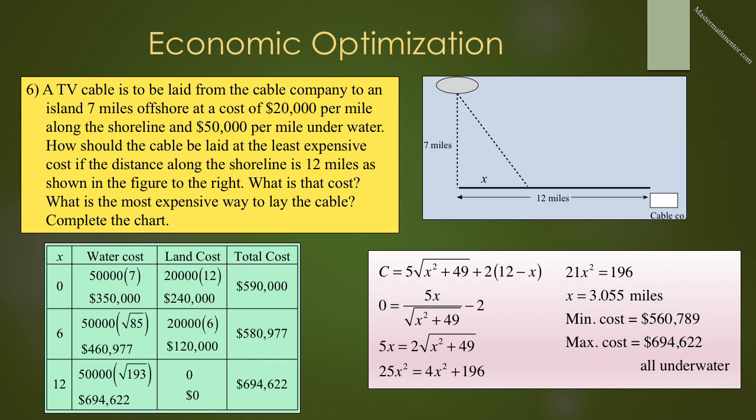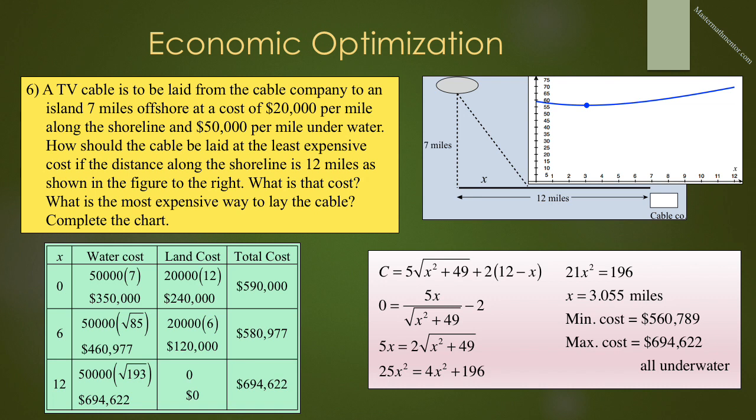So when we calculate the minimum cost, we get $560,789. Since there is only one critical value, the maximum cost must occur at one of the endpoints, and we've already done that work. So we find that the maximum cost is $694,622, and that is if we construct our cable completely underground.